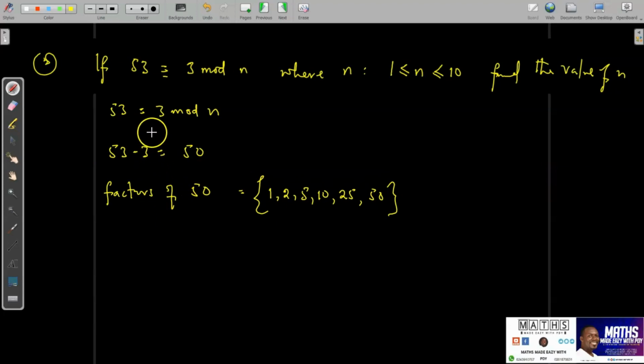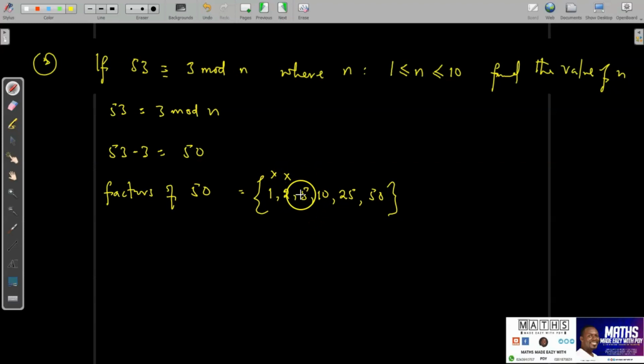And there will be a remainder of what? 1. But remember, in our operation here, we don't have the remainder as 1. We are having the remainder as 3. So it means 1 is not a possible solution, 2 is not a possible solution.